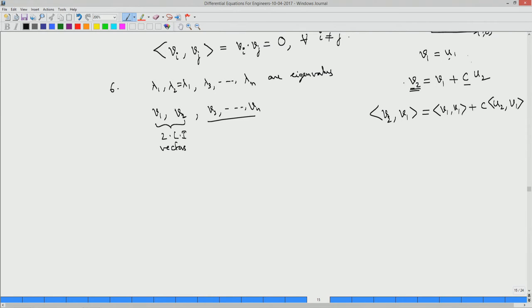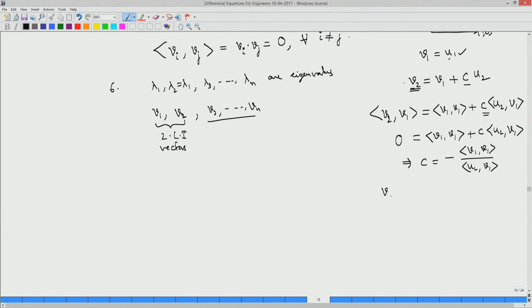V1 is actually U1, and I want this to be 0 for some C value. So if I want the left hand side to be 0, that determines my C: C equals minus V1 V1 by U2 V1. U1 and U2 are known, so this is my C.